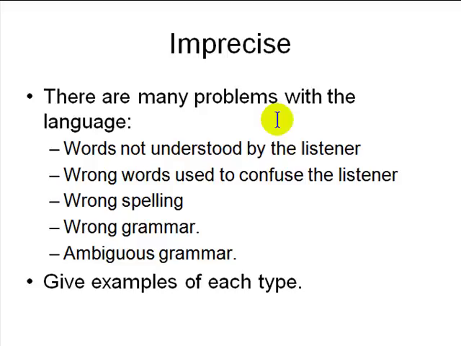That means you probably don't have a command of language. And wrong grammar. Grammar has to be correct. Grammar is very hard to define, but it's easy to spot wrong grammar. And then of course there's ambiguous grammar. How many pauses, where you put a comma, can cause ambiguity in the language. Can you think of examples of each of them? Well, think about them. We'll just continue.